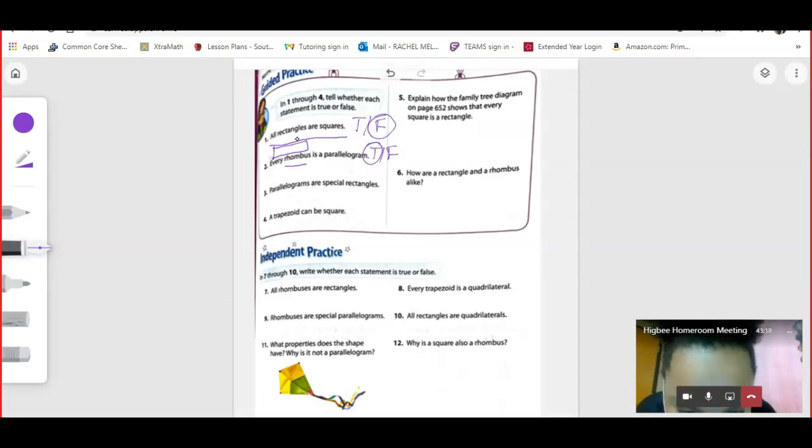Okay, so let's look at this one. Parallelograms are special rectangles. That's an interesting one. Anthony, what do you think?